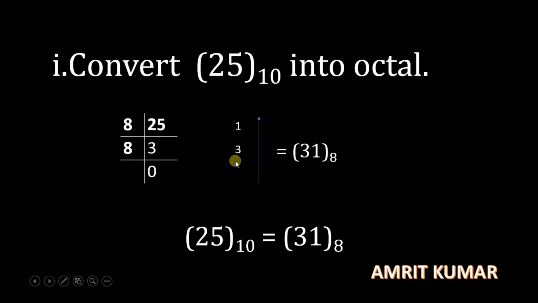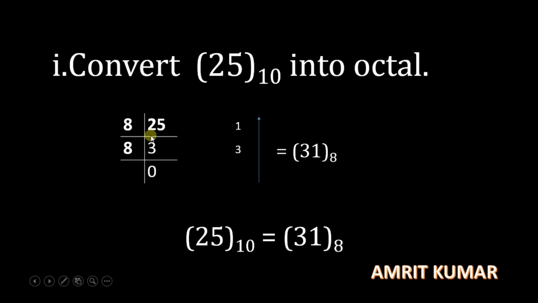So this is 3 and this is 1. Therefore I will write 3 first, then 1. I have written here 3, 1 base 8, because it is an octal number. This is how we can convert a decimal number into an octal number.